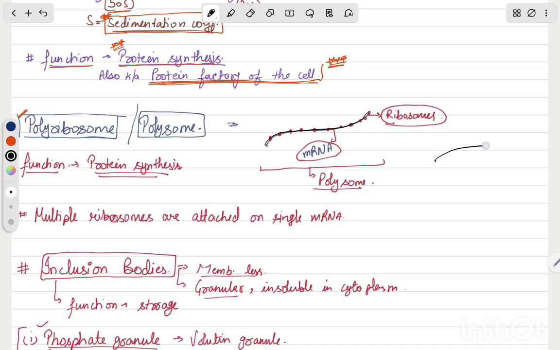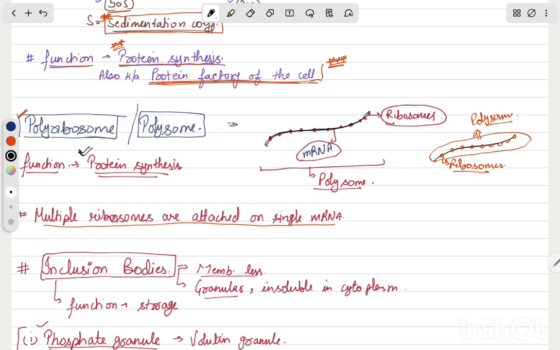Suppose that is a single mRNA and multiple ribosomes, which I am drawing with red pen. Multiple ribosomes are attached on a single mRNA. That complex structure is termed a polysome, right? So basically, polysome is nothing but multiple ribosomes attached on a single mRNA.